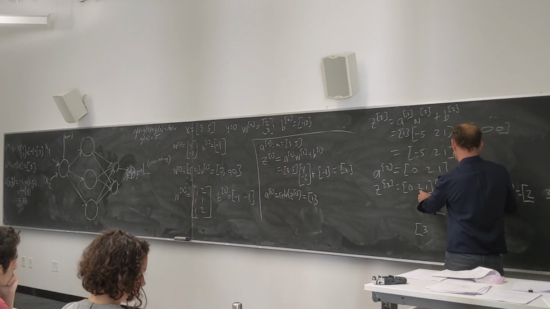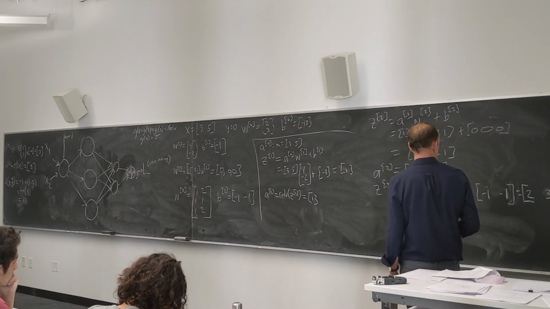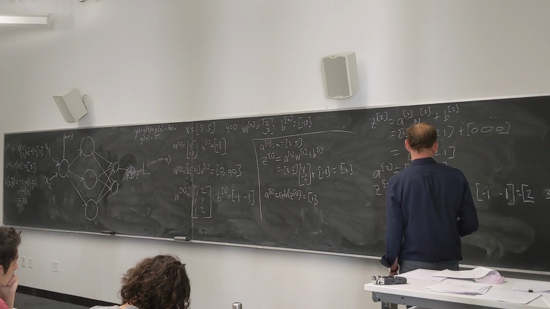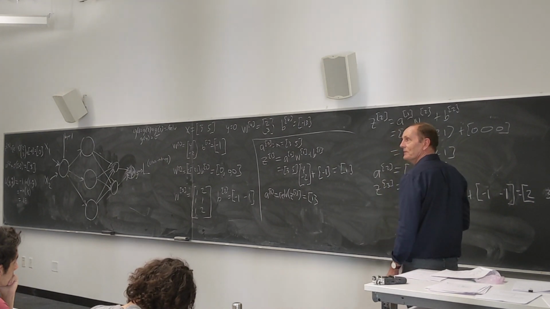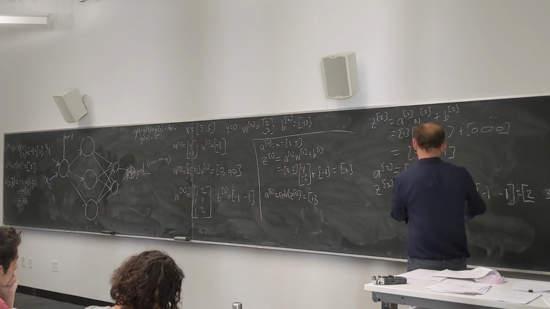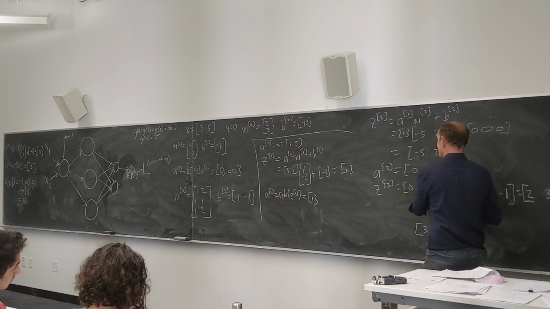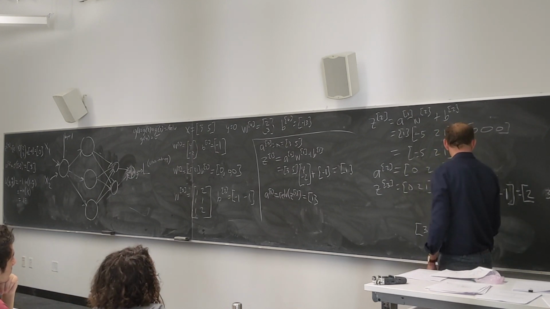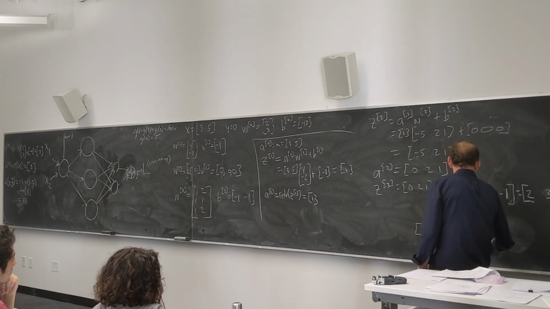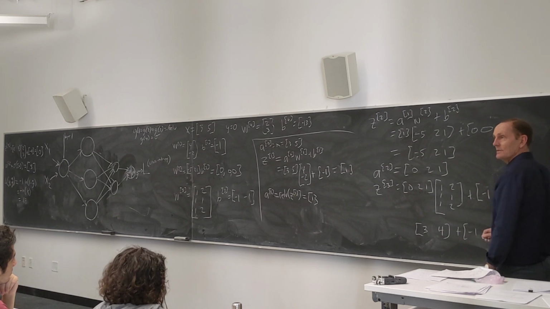So that's 4. 3 plus 3 is 2. I'm confused too. It's 2 plus 4. So it's 2 plus 2 is, you're right, it's 4. Somehow I was doing 2 plus 1, which is craziness. So 2 times 1 is 2, 1 times 2 is 2, that's a 4, plus negative 1, negative 1. Does that make sense? Yeah.